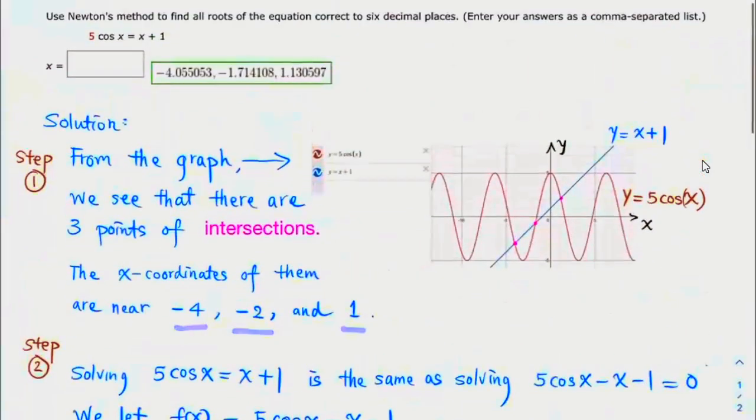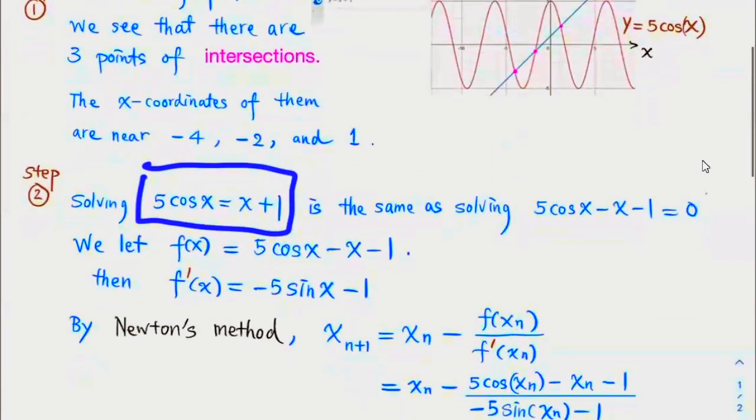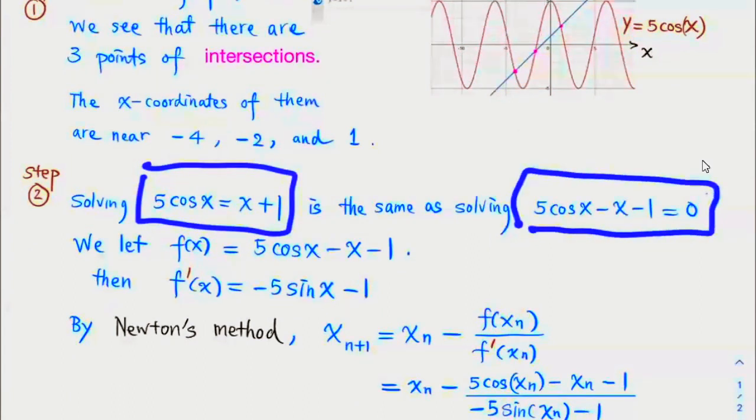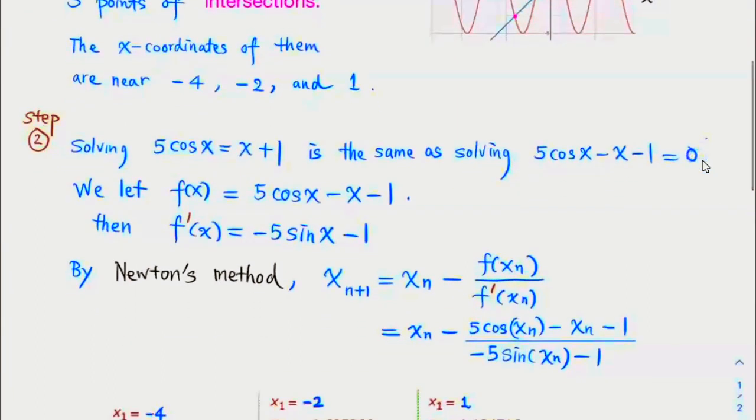Now, solving this equation is the same as solving this equation over here. We can just move everything to the left side and leave the other side equal to 0. Now, we're going to use Newton's method, so we want to have a function.